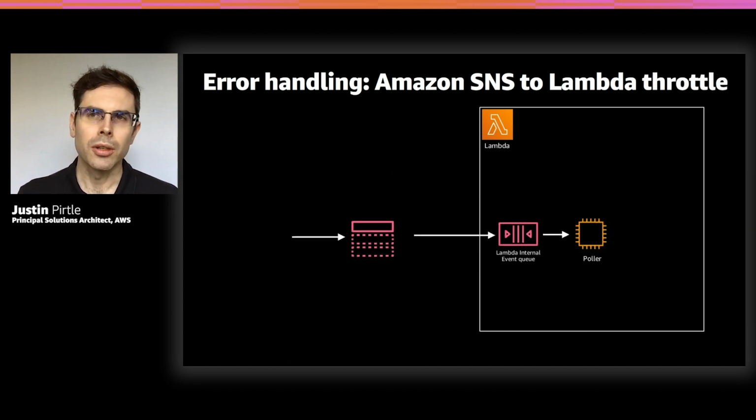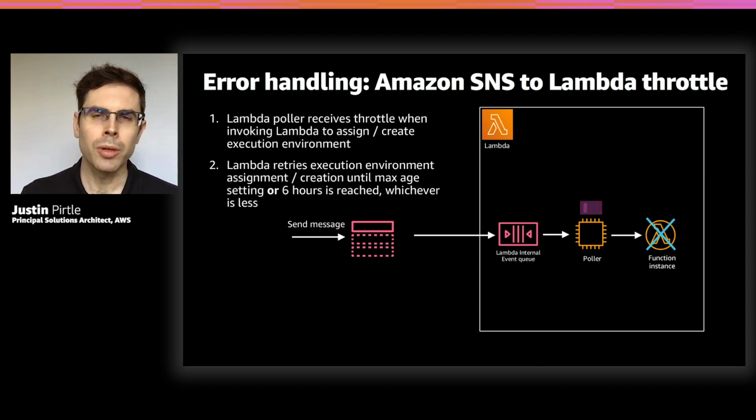Now in the other scenario of a Lambda throttle, in this case we send a message to the SNS topic, goes to the event queue, goes through the poller. That tries to spin up the function instance, but this is where we get throttled. So in that case it's similar to before but slightly different, where the poller will retry on your behalf. But in this case, it'll retry until the max age setting on your function is reached or 6 hours is reached, whichever is less.